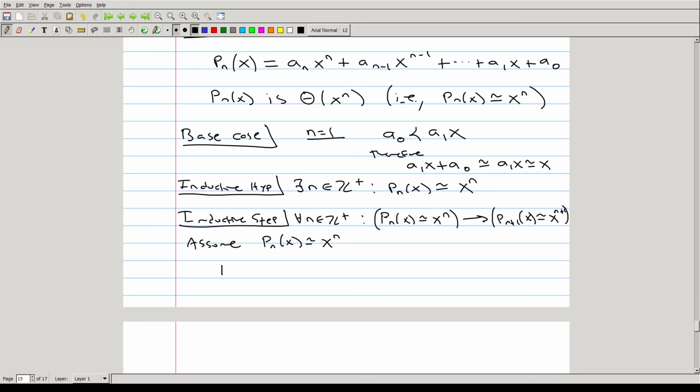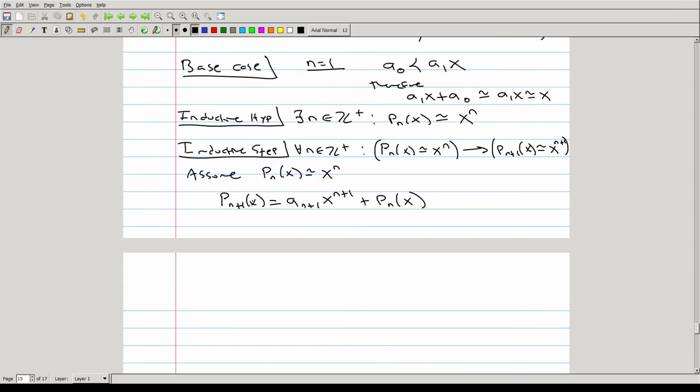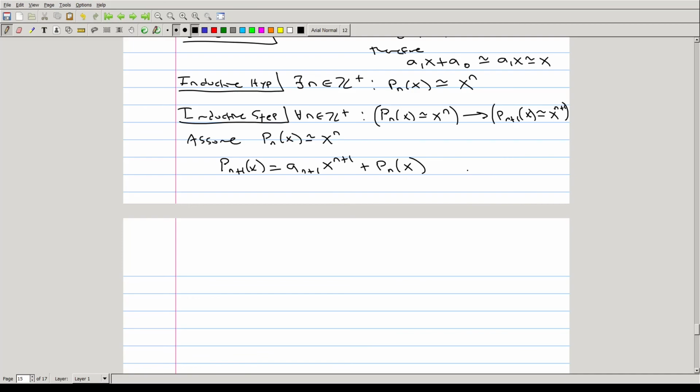We know that Pn plus 1 of x is an plus 1 times x to the n plus 1 plus Pn of x, and because Pn of x is on the order of x to the n, and an plus 1 x to the n plus 1 is on the same order as x to the n plus 1, we have that Pn of x is strictly dominated by x to the n plus 1.